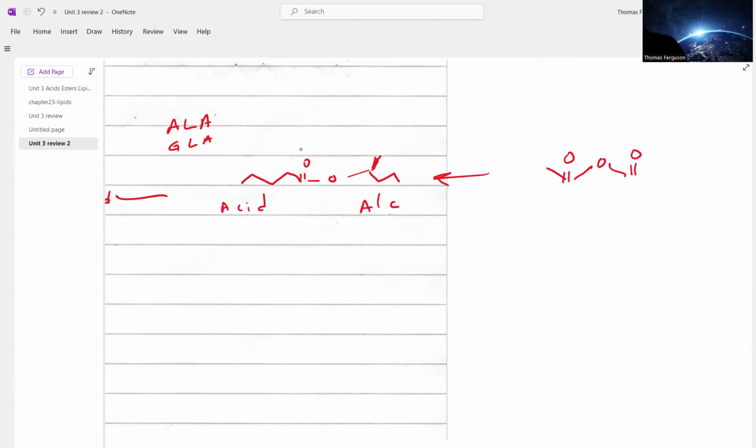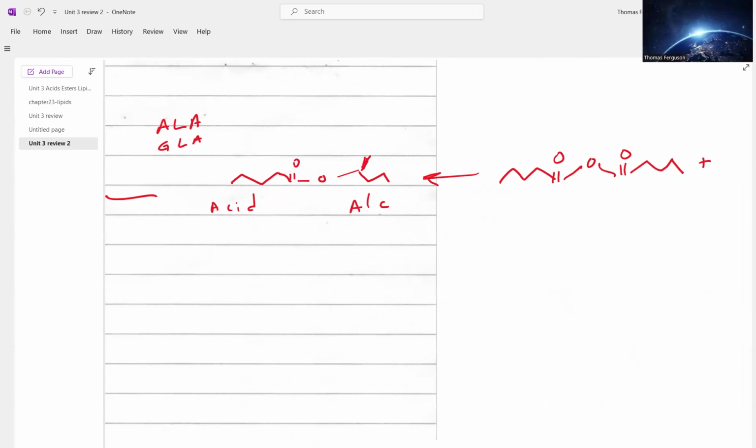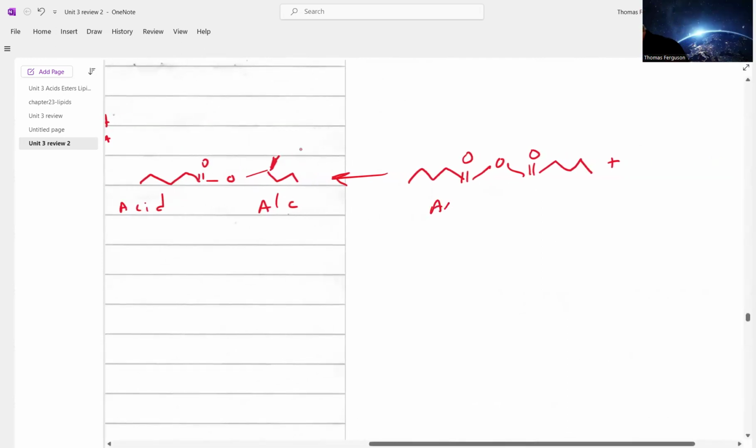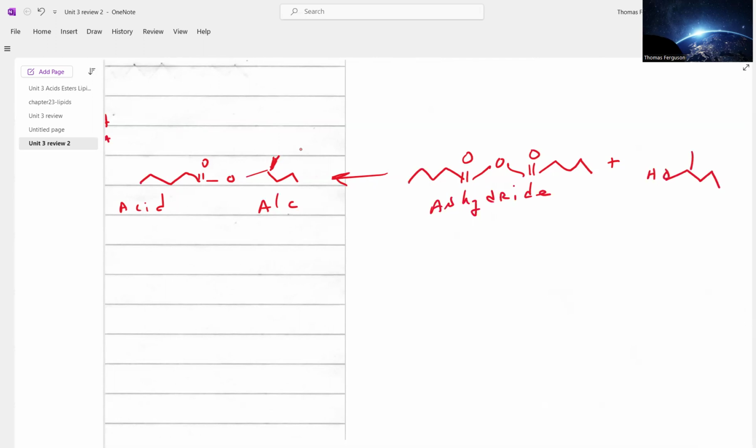So 1, 2, 3, 4, 5. So that's the anhydride. That would be the acid. I mean, the alcohol.